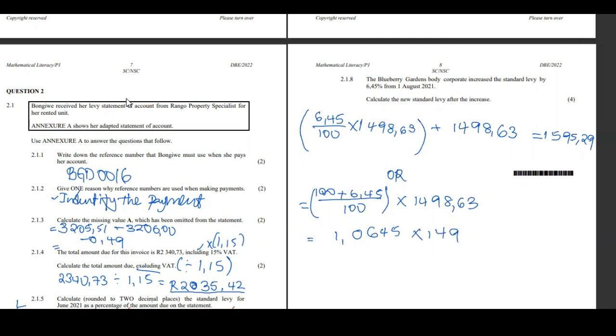You don't need to add on the amount again, which becomes 1,595.29. Someone might ask us, why didn't we add as we did before? Here, this plus here is considered to be this one here. The multiplication is this one here. Either way, you still get the same marks.